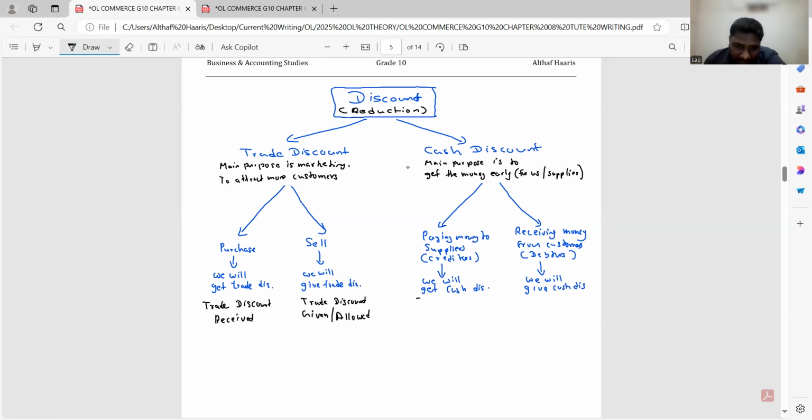We will call it cash discount received. Here, cash discount given or allowed.